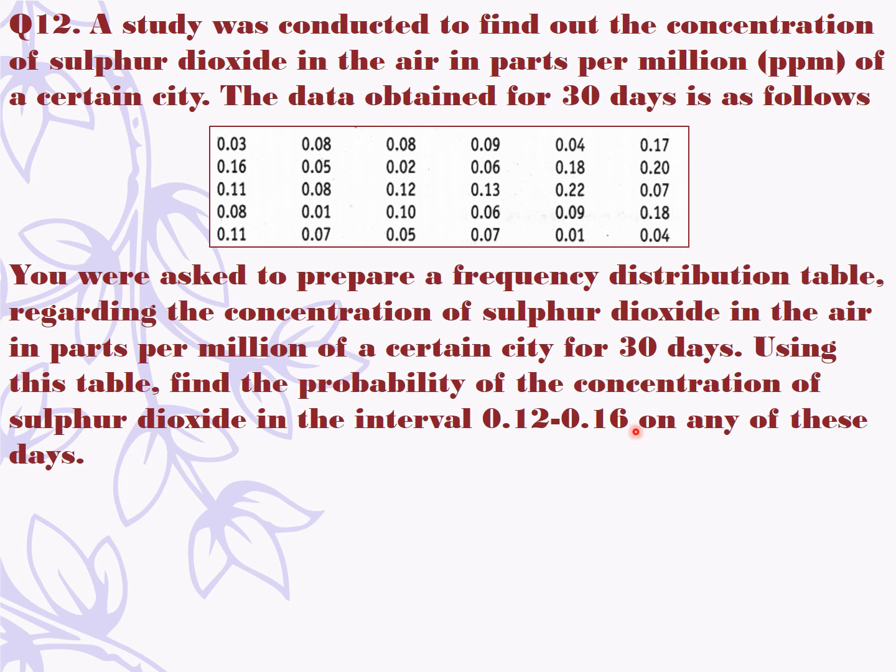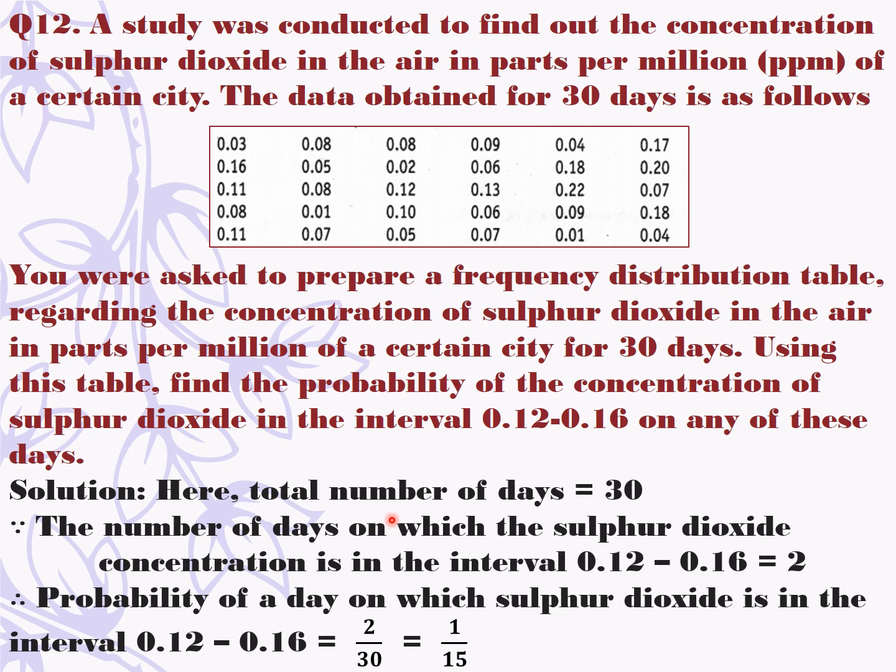So from this table, we are getting the total number of days as 30, and the number of days on which the sulfur dioxide concentration is in the interval 0.12 to 0.16 is 2, due to the values 0.12 and another day we have got 0.13. So these two values only lie in this range, and hence the outcome will be 2. Number of days is 2.